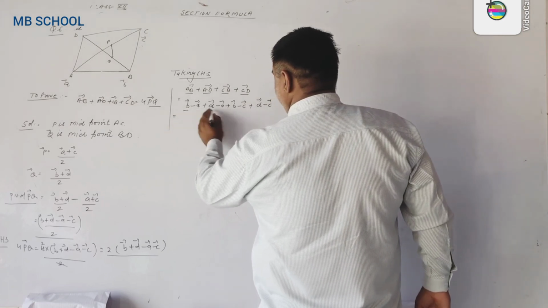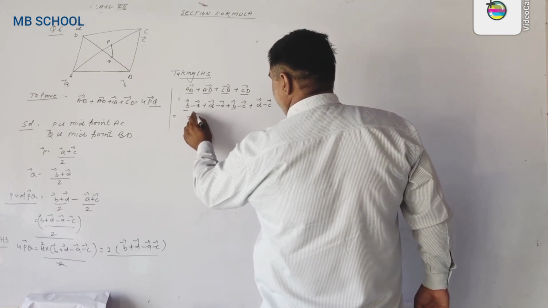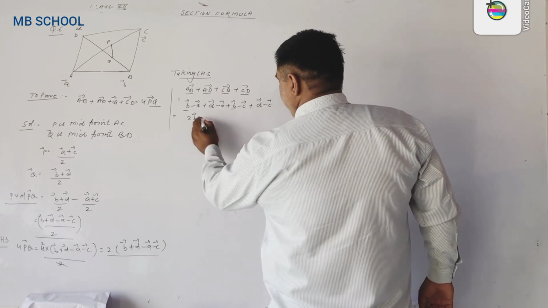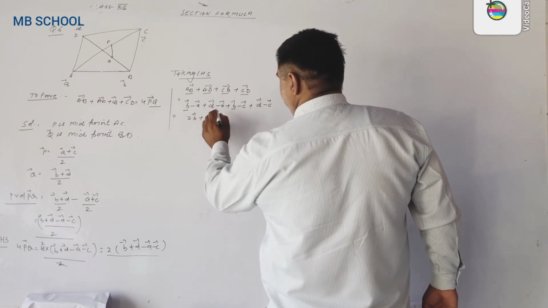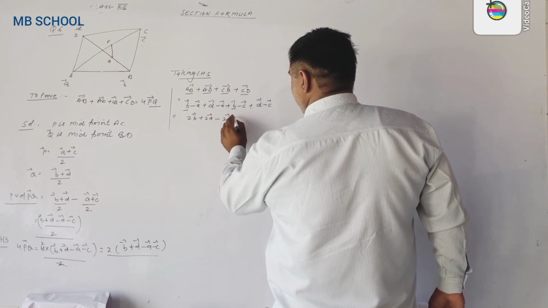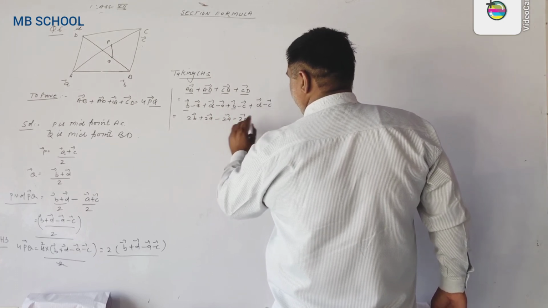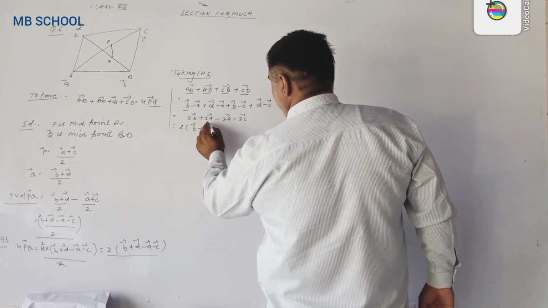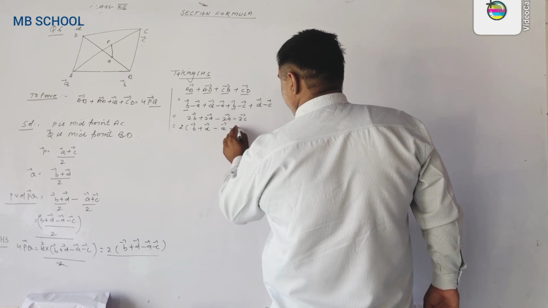Here B plus B, we get 2B vector. And D plus D, we get 2D vector. And this is minus 2A and minus 2C. We take 2 common out, we get 2 times (B plus D minus A minus C).